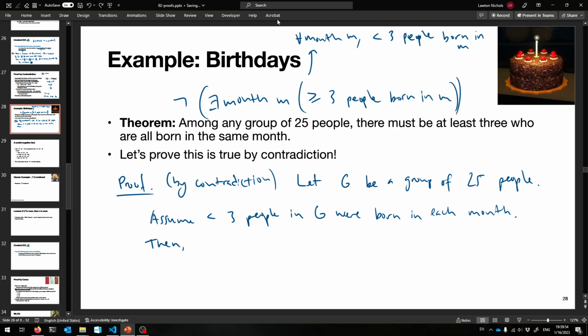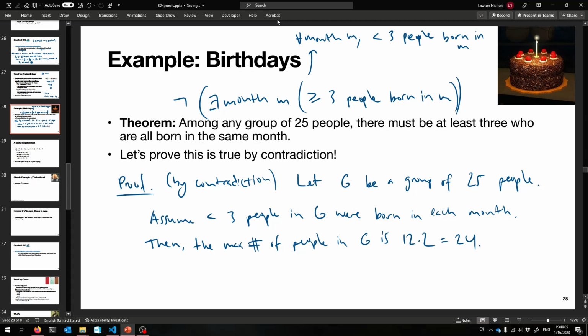So the best you could possibly do, the largest the group could possibly be, the max number of people in G, is assume like we've got people born in every month and they're right up against this rule. It's all less than, right? Less than 3, so let's say the max is 2, right? The max number of people in G must be then 12 times 2 equals 24.